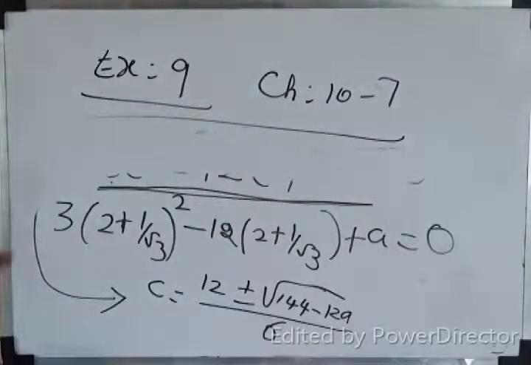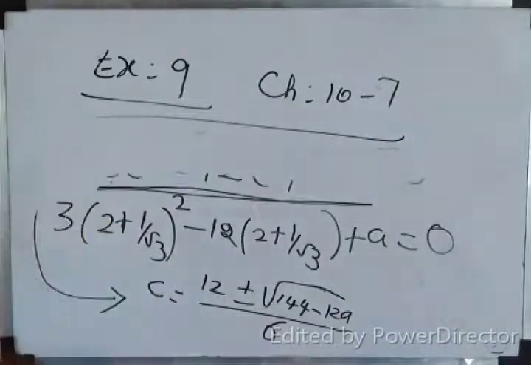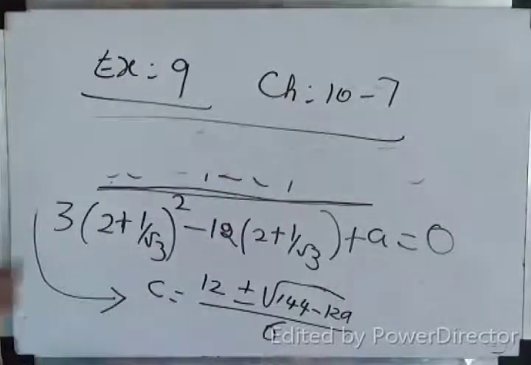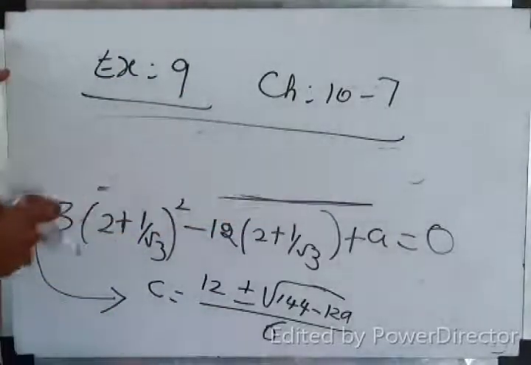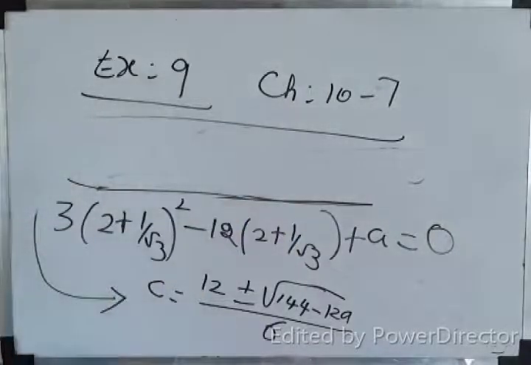Methodology is correct because the question is 2 plus 1 by root 3. It's very difficult to solve. Moreover, I don't have enough space to solve this. Do you understand? So you can use the textbook, find out the first equation, find out the second equation, solve, you will get the answer.